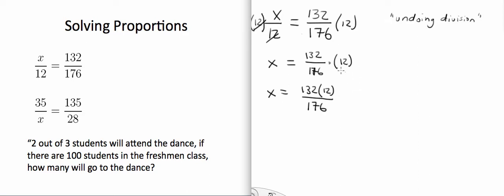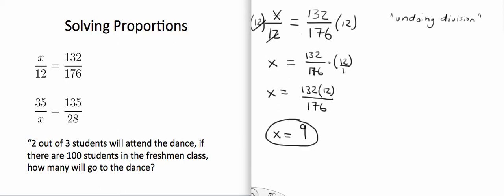This 12 acts as if it's 12 over 1, and when we multiply fractions, we multiply top times top, bottom times bottom. When we simplify this, we type in our calculator 132 times 12 and then divide that by 176, and we get an answer of 9. So our final answer is 9.